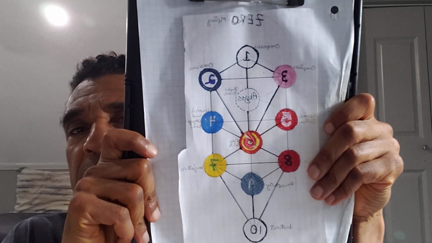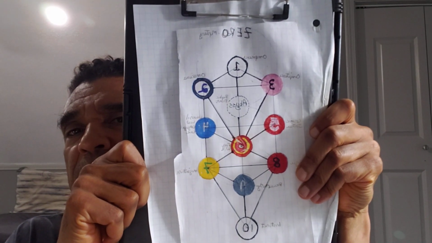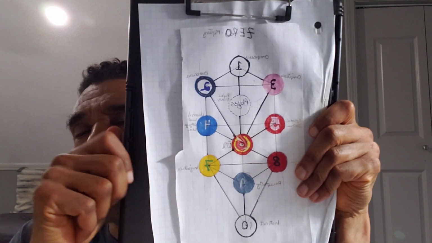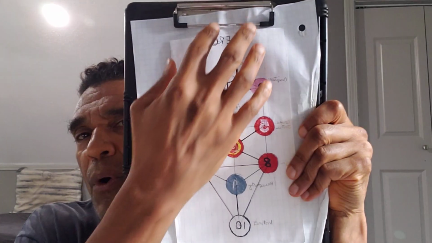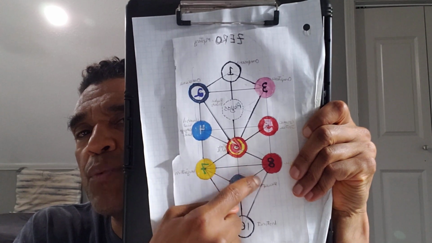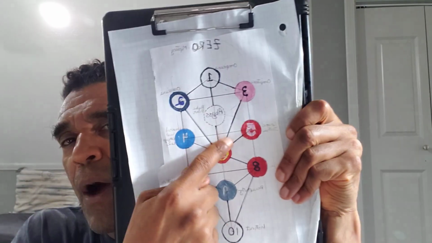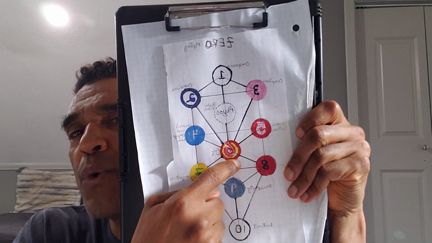Now, when we look at the tree, we see that in order to get the 144 fractal faculties, what we're doing is basically taking 12 by 12. Each one of these spheres is one of 12 different faculties that we have. In order to get 144, we have to take 12 by 12.